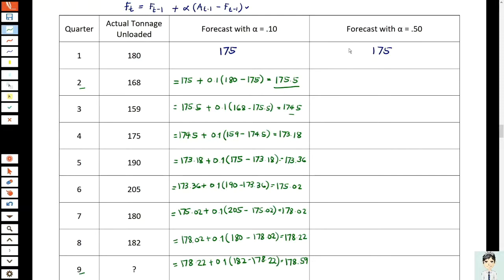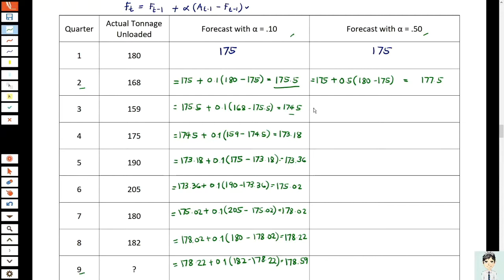Next, now that we have that, we go to 0.5, because we will compare the two to identify which smoothing constant to use. That is the question we are identifying. So we have 175 for the forecast of the last period plus the smoothing constant 0.5 multiplied by 180, our actual, minus 175, which is equal to 177.5.